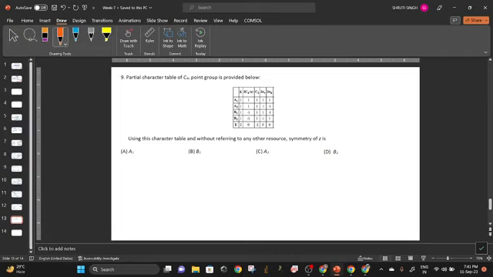So it is asking that the partial character table of the C4v point group is provided, and using this character table and without referring to any other source, we need to find the symmetry of Z. Now Z is a basis, in XYZ coordinates.